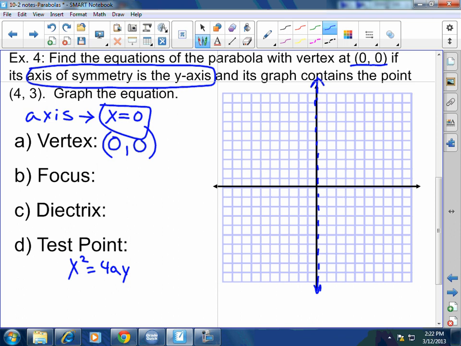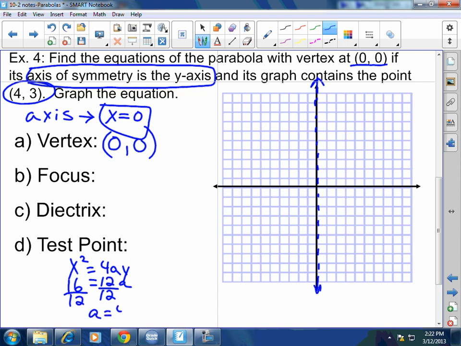So I have this point here, 4, 3. So I'm going to have 16 equals 12a. 4 times 4 is 16, and 4 times 3 is 12a. Okay, divided by 12 on both sides.